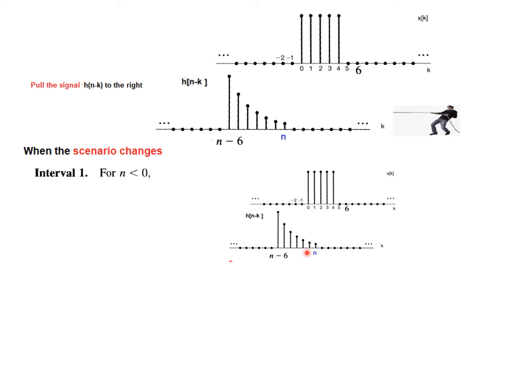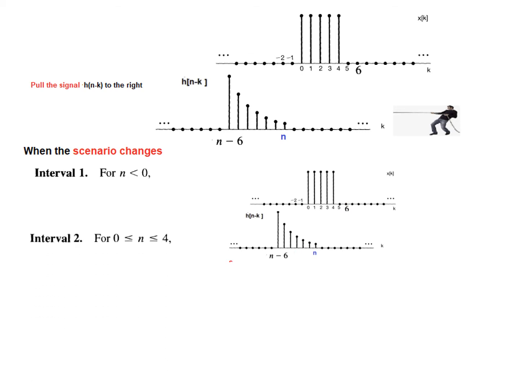Now if you visualize this, the moment this crosses 4, there will be a change in the scenario, because then this one will be out of this 4. This one will be coming somewhere near 5. So this will be one scenario change.